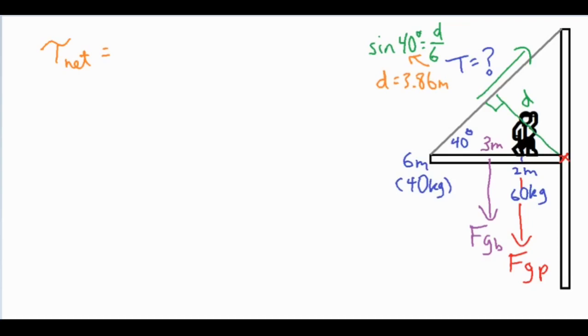So we'll say the torque of the beam plus the torque of the person, and then we would subtract the torque of the cable, and that's going to equal 0 Newton meters because the system is at rest and there is no angular acceleration. So let's go ahead and plug in all of our forces and lever arms, and let's solve for that unknown T.